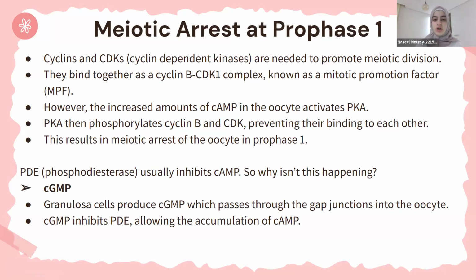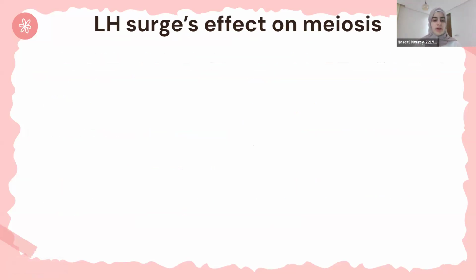Now we said the LH surge helps it continue this meiosis, right? How does that happen? Basically, LH surge closes the gap junctions between the granulosa cells and the oocyte. So then, can cyclic GMP pass through and inhibit phosphodiesterase? No. So now phosphodiesterase can work.